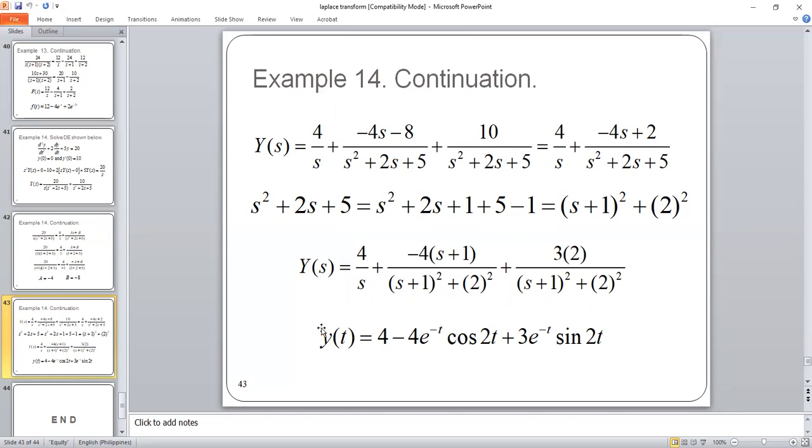So what's the tool? You use the method of partial fractions. Okay, so that ends our topic on the application of Laplace transformation. This is the introductory part only to the solution of constant coefficient linear ordinary differential equations.